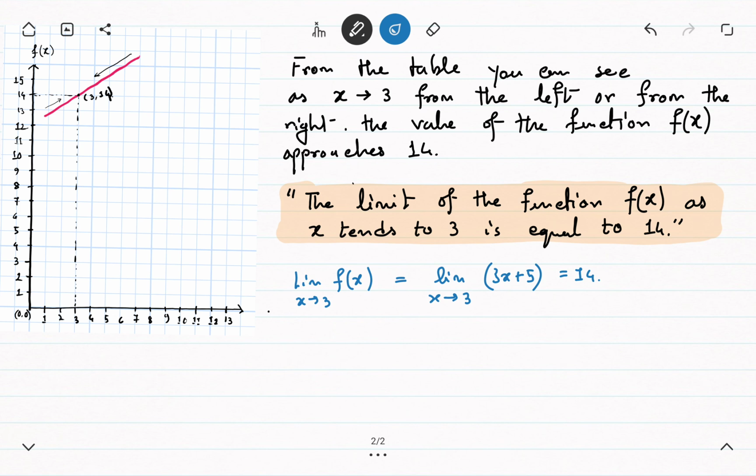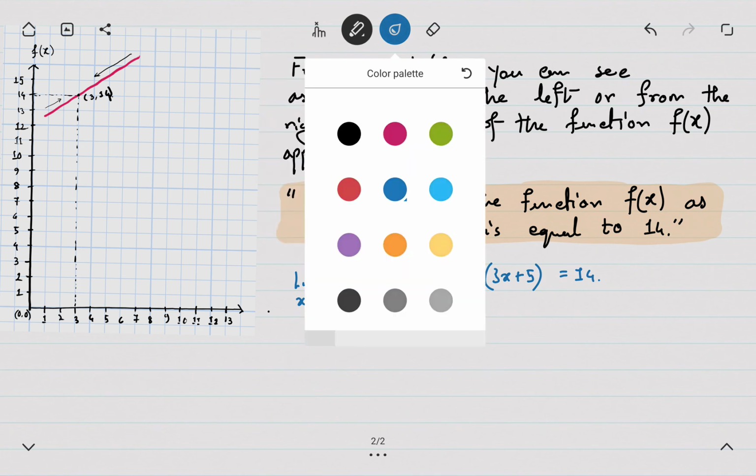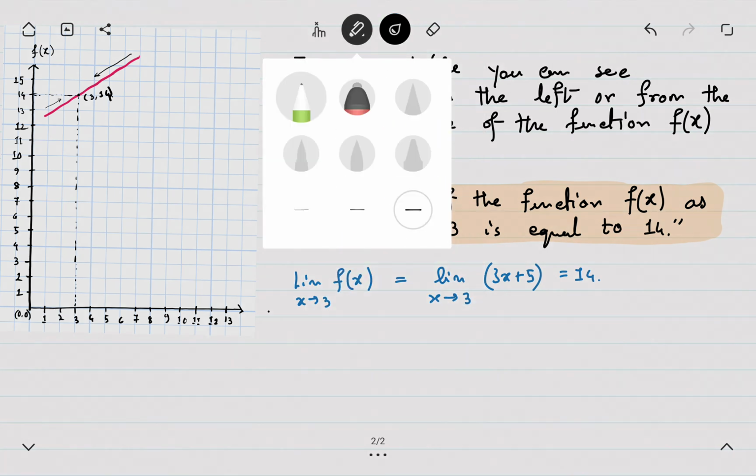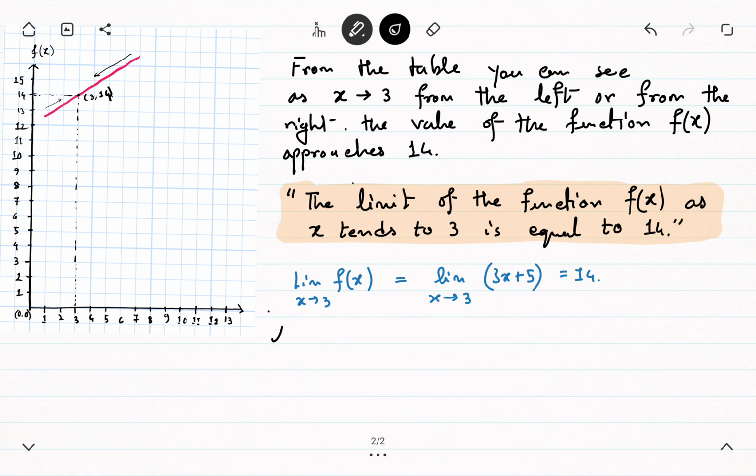So in general we use the following definition for the intuitive approach. We'll write a definition. So what is the definition?